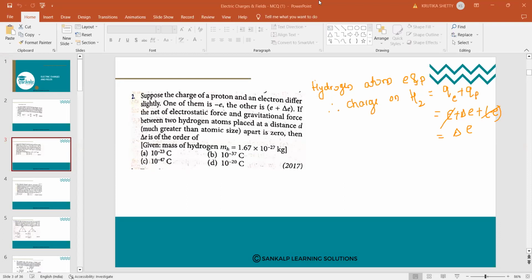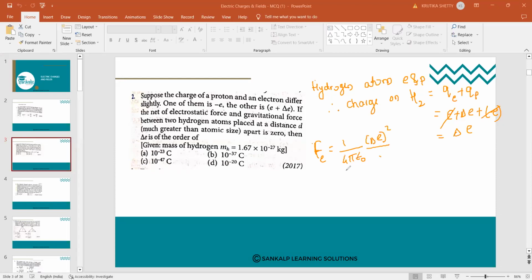Then next, the electrostatic force. In the question itself they have given that two forces are acting. The electrostatic force, I'll write it as Fe, is given by 1 upon 4 pi epsilon naught, delta E whole square divided by d square.